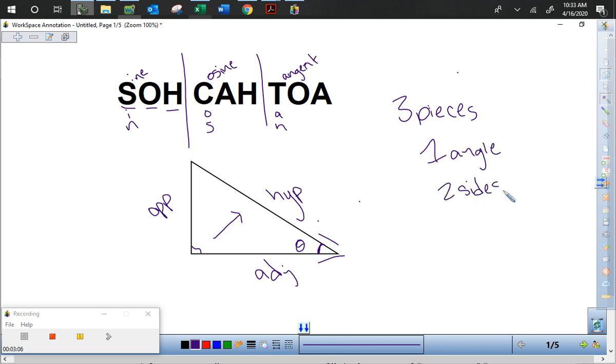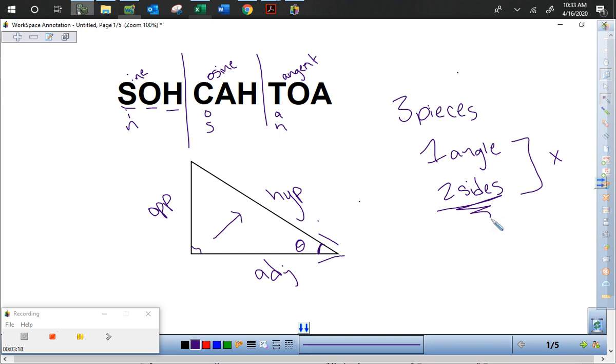But one of these things is going to be x. It's unknown, and that allows us to set up an equation to solve for it. Now with 10.2, you were solving for sides, so specifically one of these things was the x. We had to know an angle, and we had to know one side.